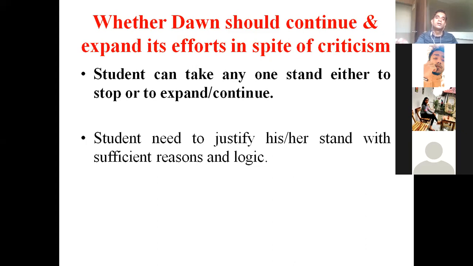You should recall. Then a student can take any one stand. You can say either yes, Procter & Gamble can continue and expand its efforts in spite of the criticism. Take one stand. Explain how or why. How it will not hurt the company image. How the sales will still go on increasing. This is what you need to explain.